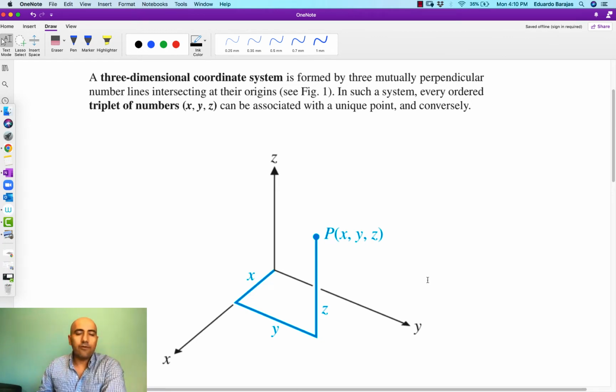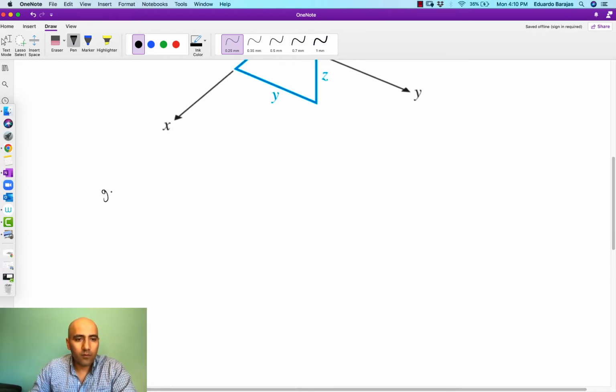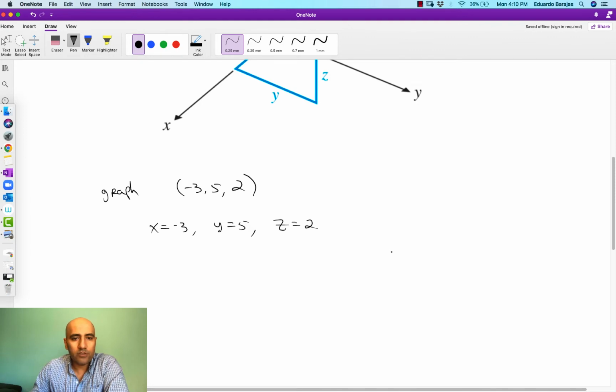So for instance, if we wanted to graph the point -3, 5, 2, right? This lets me know that the x is -3, the y is 5, and the z equals 2.